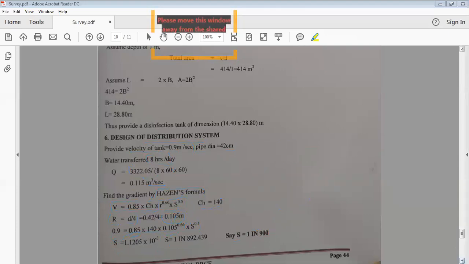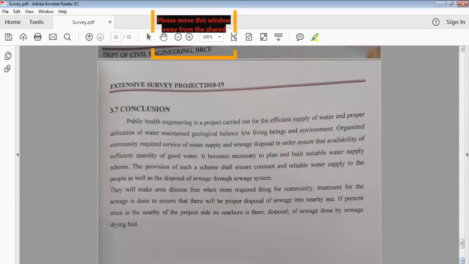So the conclusion part says the public health engineering project is about efficient water use, proper utilization, and maintaining the balance between living beings and an organized community. They have written many things. These are the advantages they have written. It will make the area disease free and provide what the community requires.